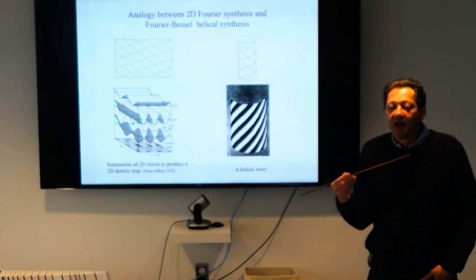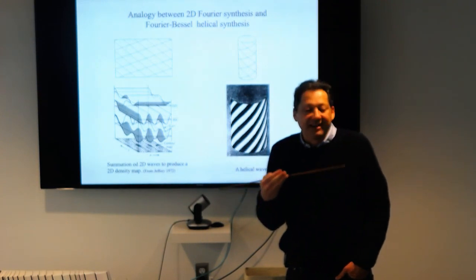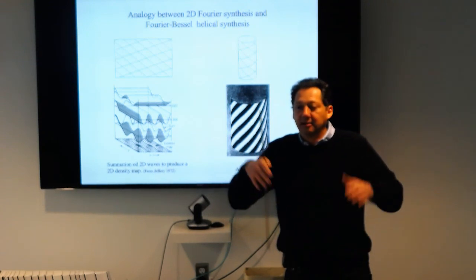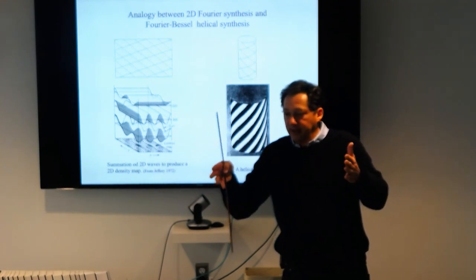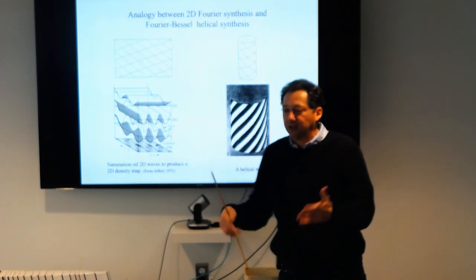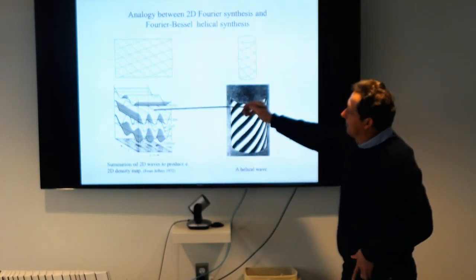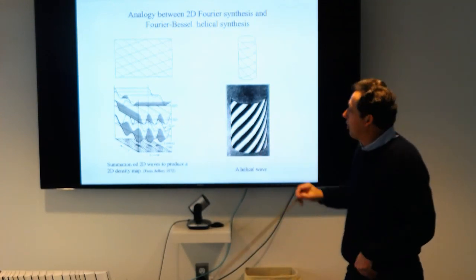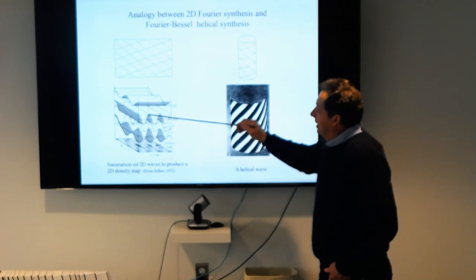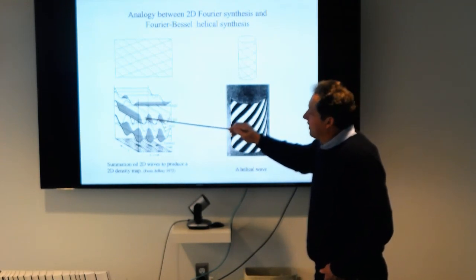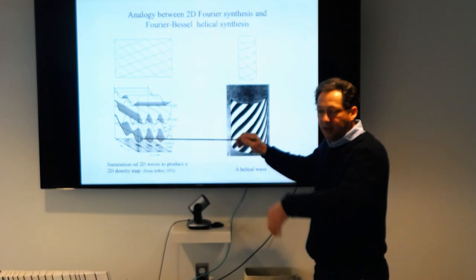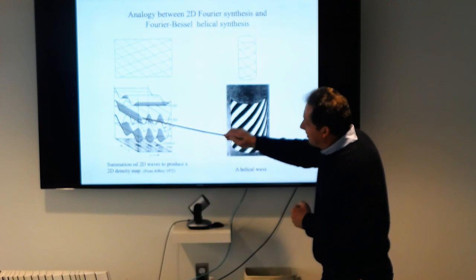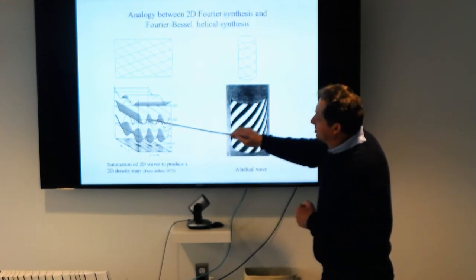And what the Fourier theorems tell you is that you can represent any function as an integral made of sinusoidal functions, okay? And that's what is represented here. You have sinusoidal function going one way and going another, and in the diffraction pattern, the amplitude of each of these sinusoidal waves is going to be a reflection, and the position is going to depend on the distance, the period of that, and so on.